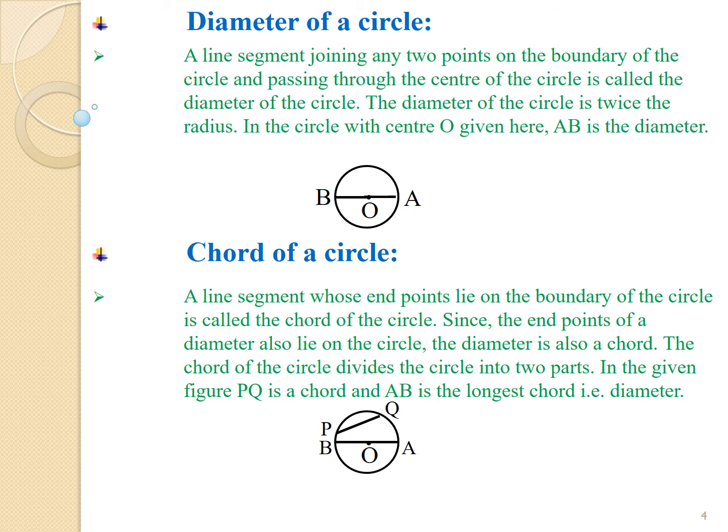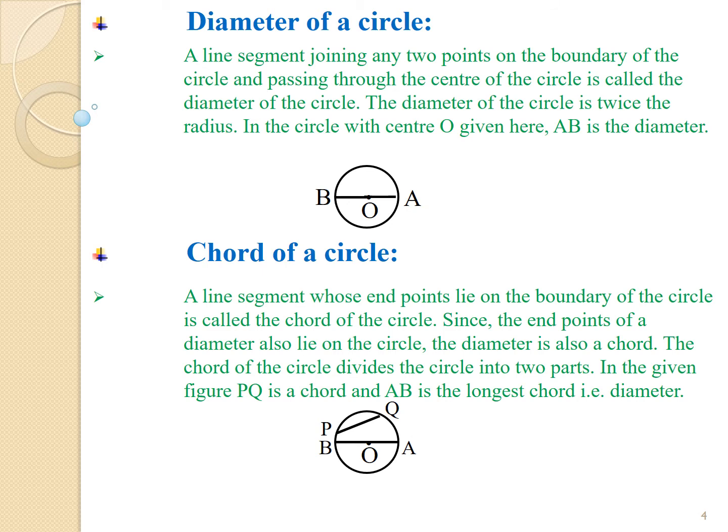Students, note that line segment PQ does not pass through the center of the circle. Thus, a chord of the circle may or may not pass through the center of the circle, whereas a diameter always passes through the center of the circle.